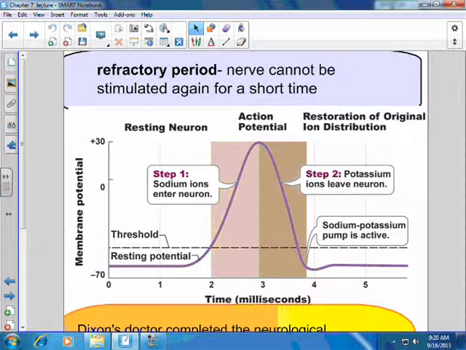The more action potentials in a small amount of time, the more intense the feeling. So if you're being poked really hard or pricked with a needle, that's a lot of action potentials in a very small amount of time, and the pain is very intense. If the action potentials are spread out over that same amount of time, then the feeling's more light or gentle.